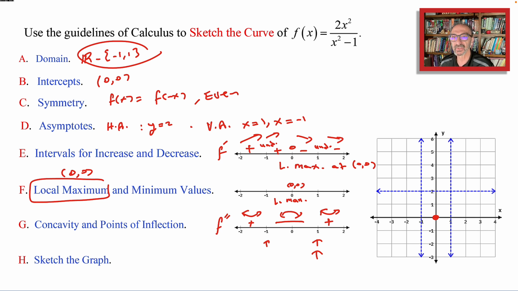To sketch the graph, we know enough now. The graph is concave down and approaches -infinity as you get to 1 from the left and to -1 from the right, and also concave up to the right. And we know that it gets close to the horizontal asymptote y equals 2, and goes to +infinity to the top part.